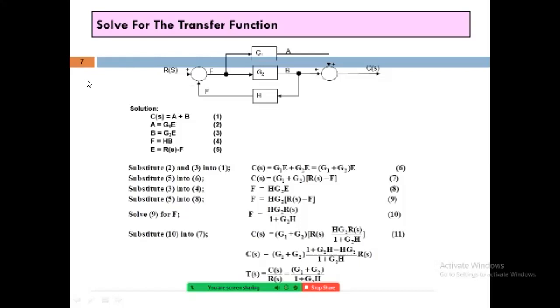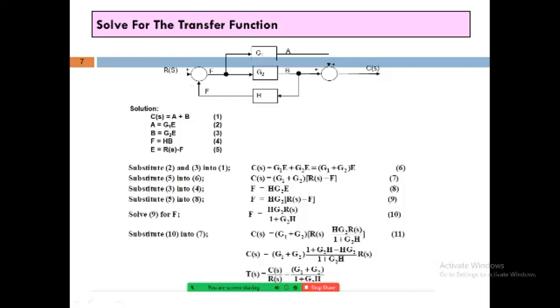E is equal to R of S minus F. Just move forward because we are getting the values of C of S and R of S by the simplification method. So after putting the value of E in this equation of C of S, we get C of S is equal to G1 plus G2 in brackets, R of S minus F.